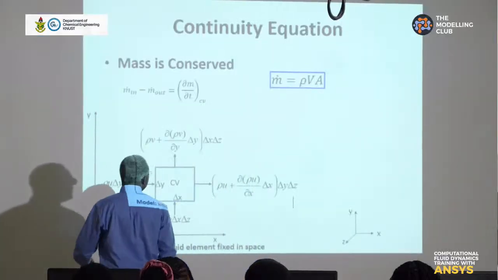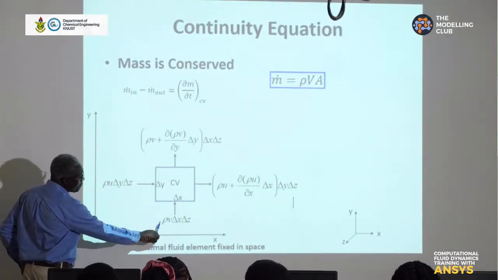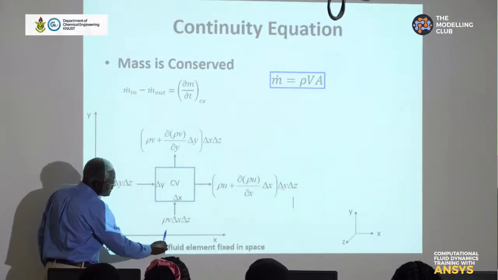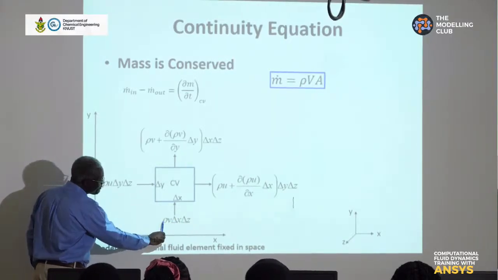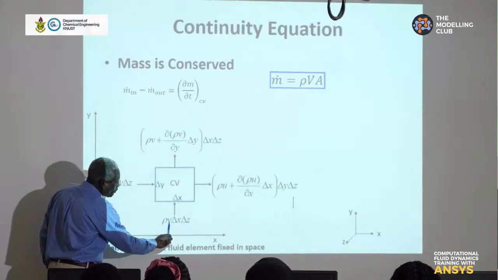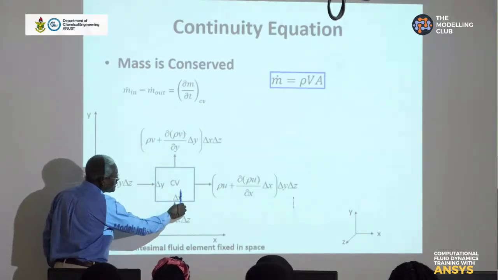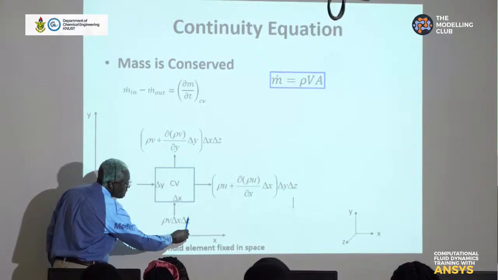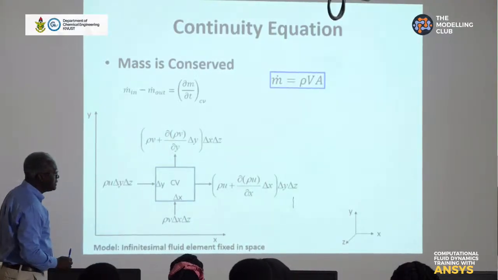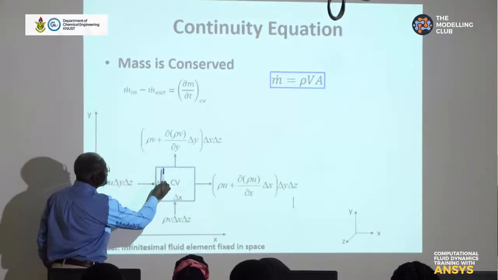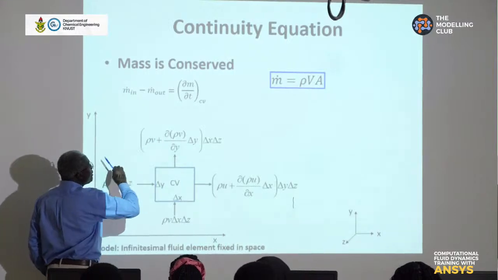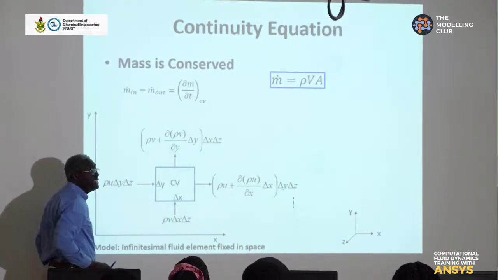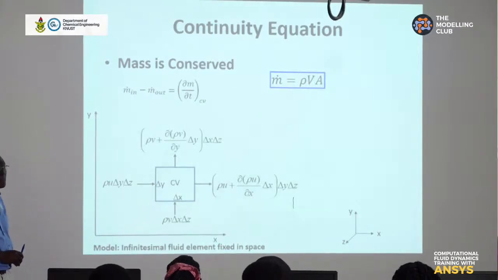From the bottom, you have the y velocity, which is density times the y velocity v times the differential area, delta x times delta z, and then out will be the amount that entered plus the differential amount that is leaving with the fluid.